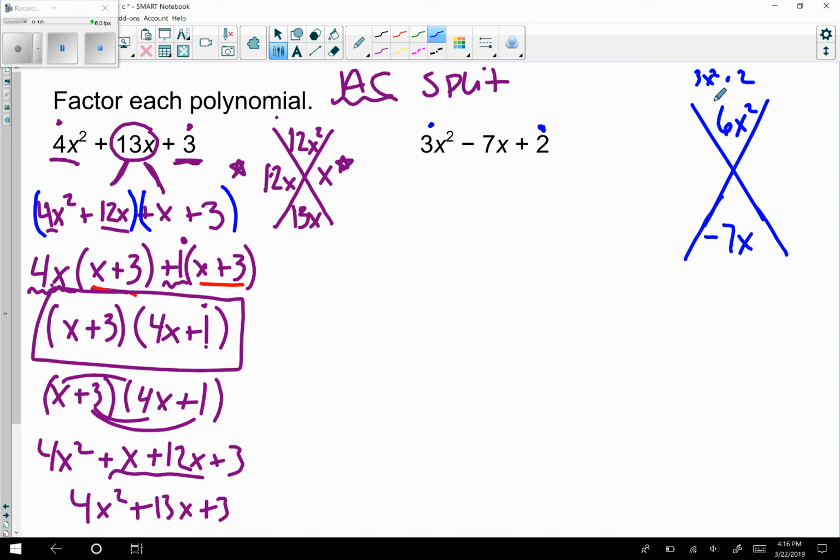We've got to find the product of 6x squared that adds up to negative 7x. So even if you want to start just listing your factors of 6, 1 and 6, 2 and 3, okay, the only way that I'm going to come up with this negative 7 is through 1 and 6 up here. So this is going to be 6x, and this is going to be x.